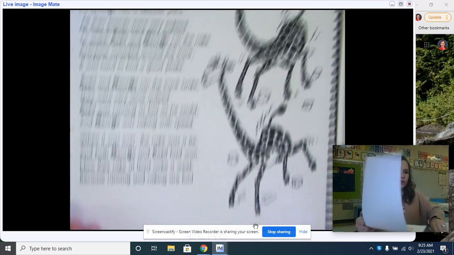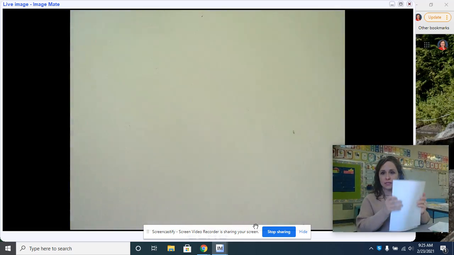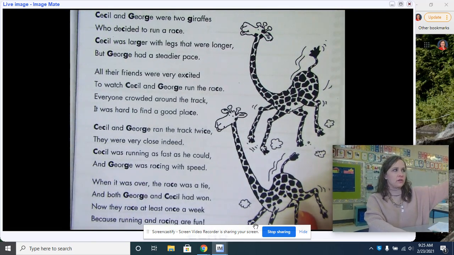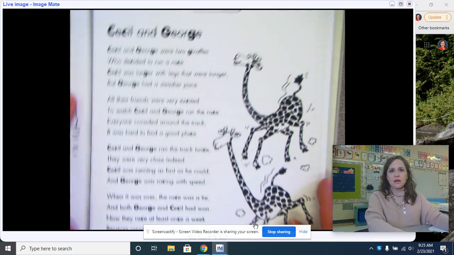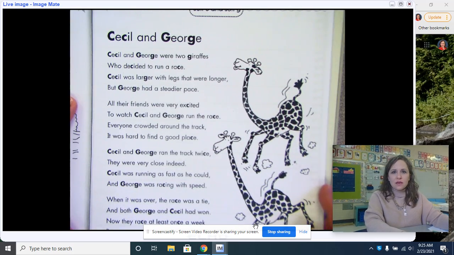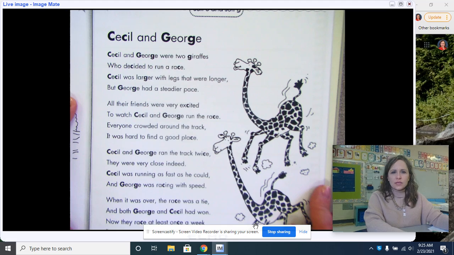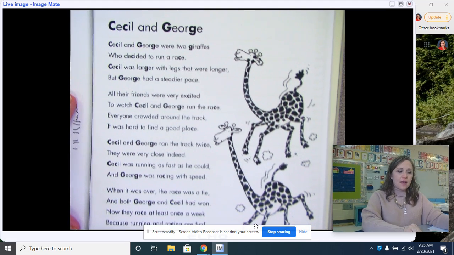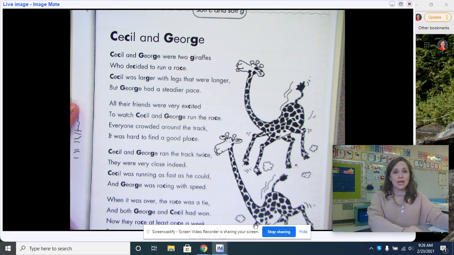Okay, the last thing we're going to do today is we're going to read this poem. Now, I know we haven't learned soft G yet, but I see 3 words with soft G. So we will read those and we'll be even better with them next week.